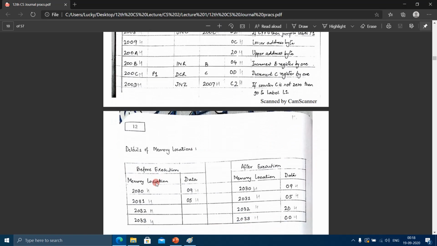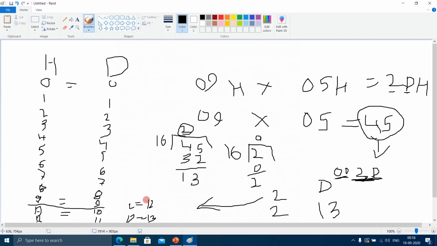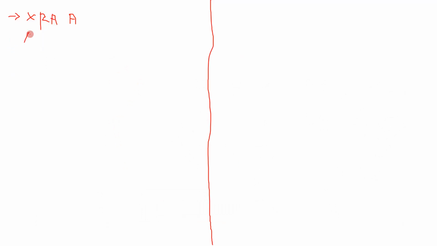When we check the contents of the register before execution, when nothing has been entered in the processor, what you get is CC. So at the start of the program, in the accumulator there is CC.